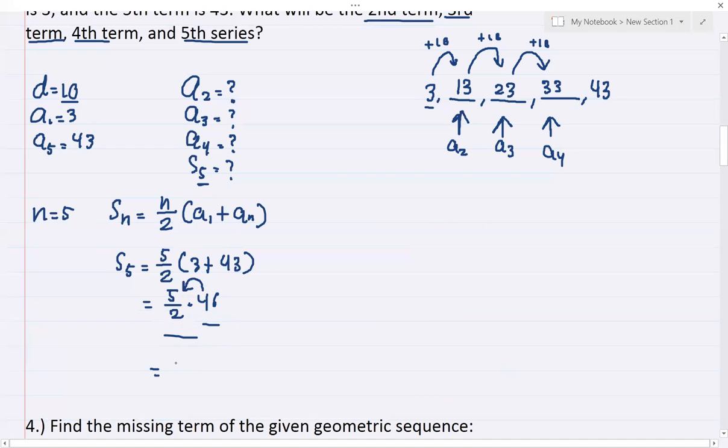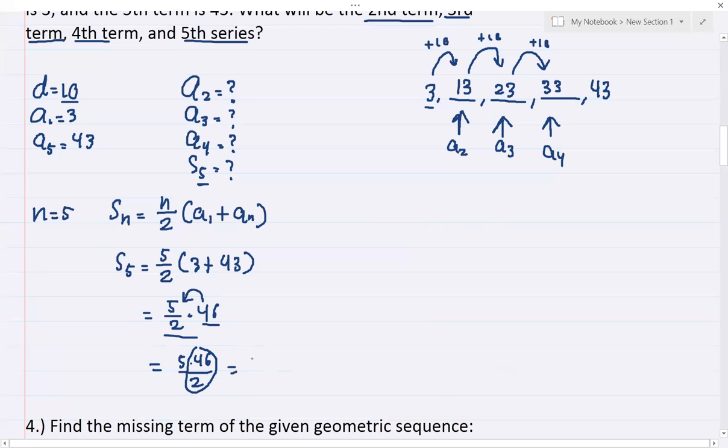So you have 46 all over 2. Then you can divide 46 by 2 here.